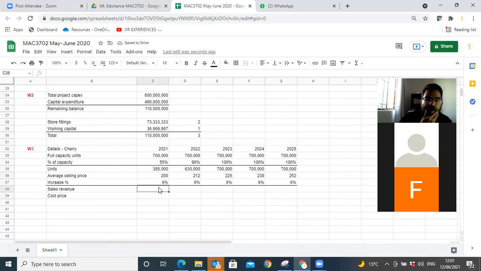And now we can work out revenue. So revenue is going to be 380 number of units for the 2021 year, multiplied by the original price, the 2020 price, multiplied by the growth rate, 1 plus the increase rate for 2021. So that is our sales revenue.